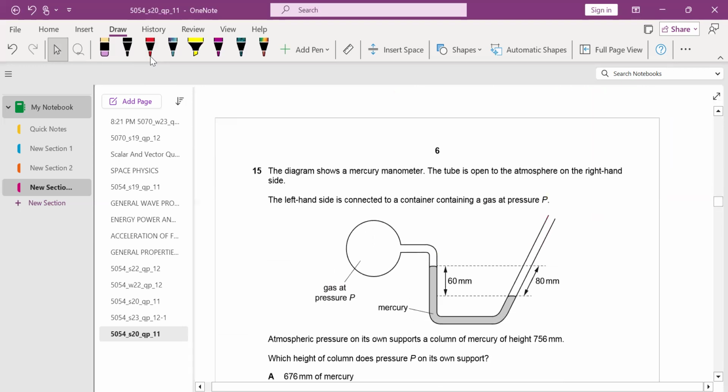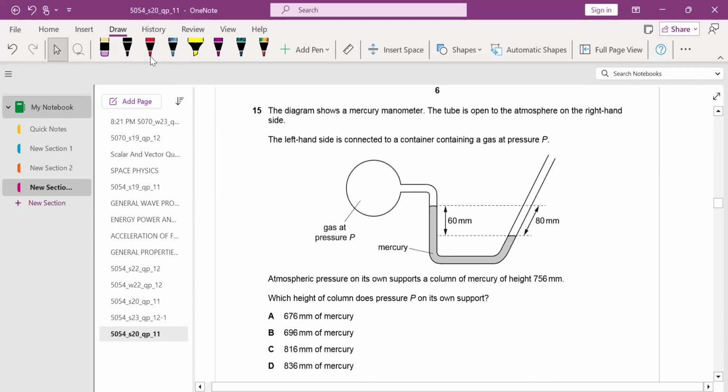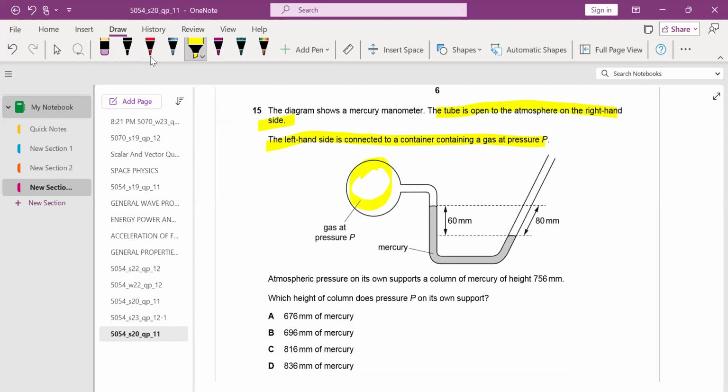Question number 15. The diagram shows a mercury manometer. The tube is open to the atmosphere on the right hand side, and the left hand side is connected to a gas at pressure P. This is the left hand side, and this is the gas at pressure P. This is the mercury. The two heights are given. Atmospheric pressure on its own supports a column of mercury with height 756 millimeter.